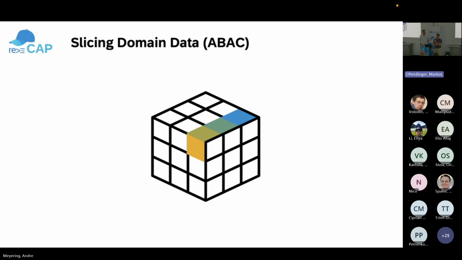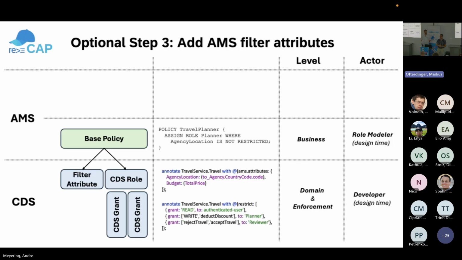And you can do that in attribute-based access control by defining dimensions that you expose to your end user administrators for free filtering. AMS allows you to do it by means of filter attributes in the model.